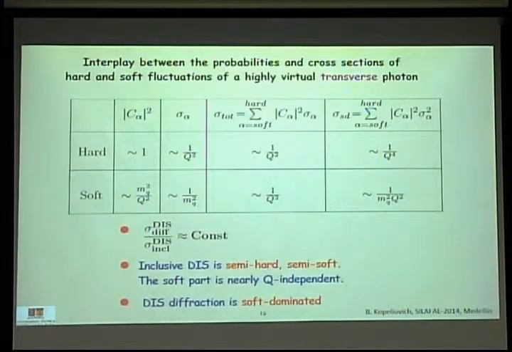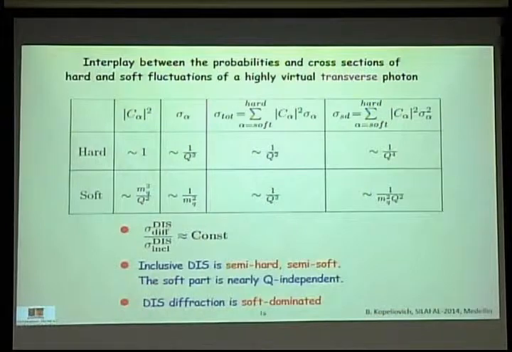Now I want to restrict myself to the QQ bar component, and I would like to look at how much soft and hard interactions contribute to F2 or to the photon-proton cross-section. There is an interesting interplay of soft and hard. Let's consider, as I said, an aligned jet configuration, when QQ bar shares light-cone momentum in a very asymmetric way.